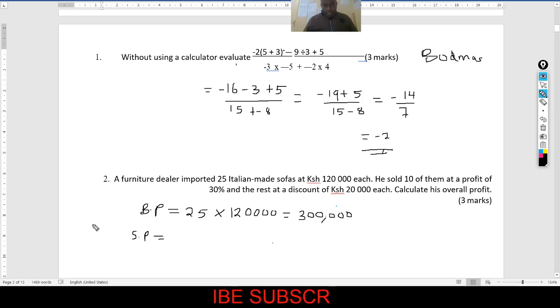The buying price for 10 is 120,000 times 10.